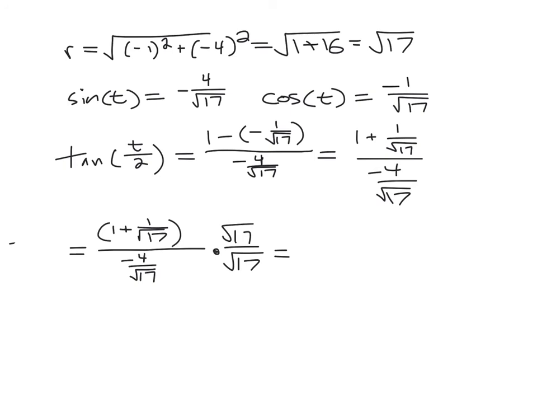This is more like just simplifying a compound fraction. So in the numerator, we end up with square root of 17 plus 1. And in the denominator, we end up with just negative 4 because that compound fraction cancels out. And that's the answer. There's really no reason not to bring that negative sign out front. So that's negative square root of 17 plus 1 over 4.